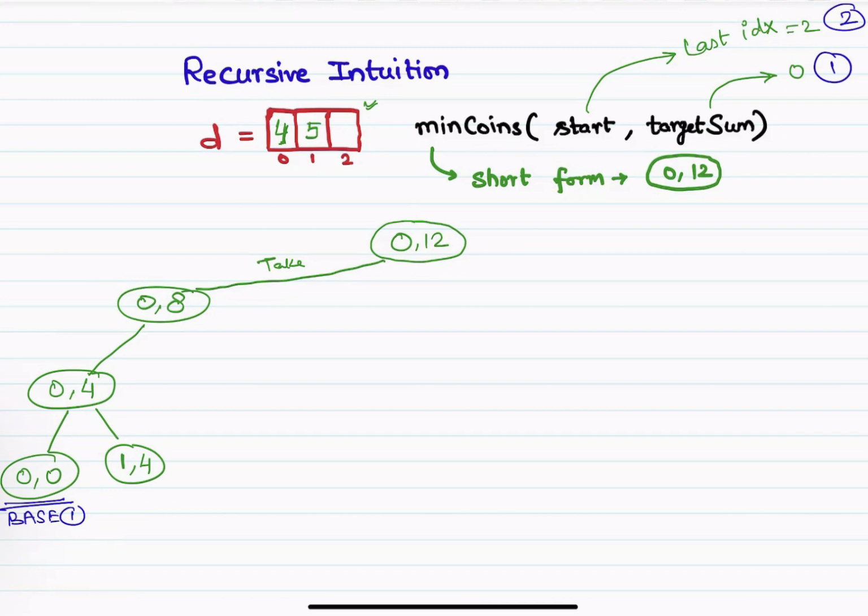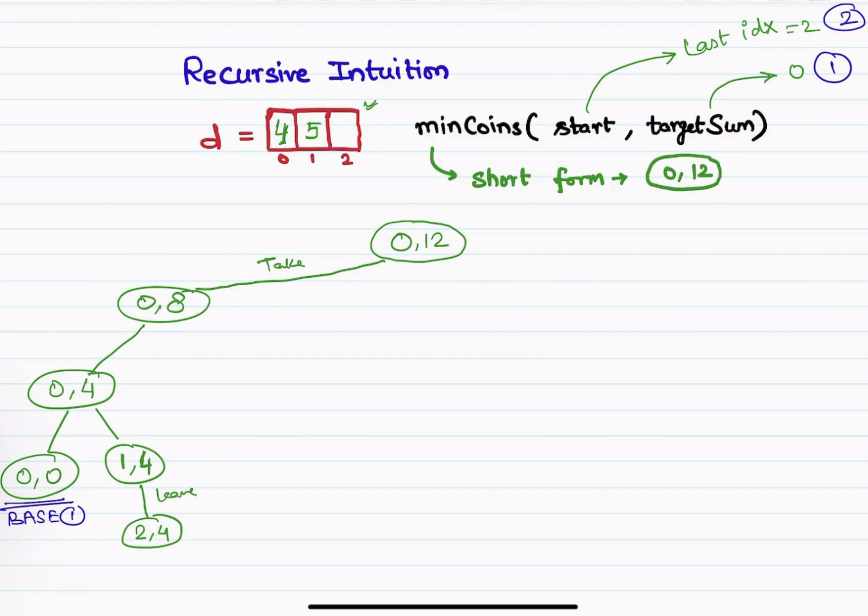Now, think about it: you are looking for a sum of 4. The value present is 5. The value is way higher than our target. So we know there is no option here to take the value. So the only option we are left with is to leave the value. If we leave the value, that means we are moving to index 2 and we are still looking for target sum 4. Let me call this the leave path.